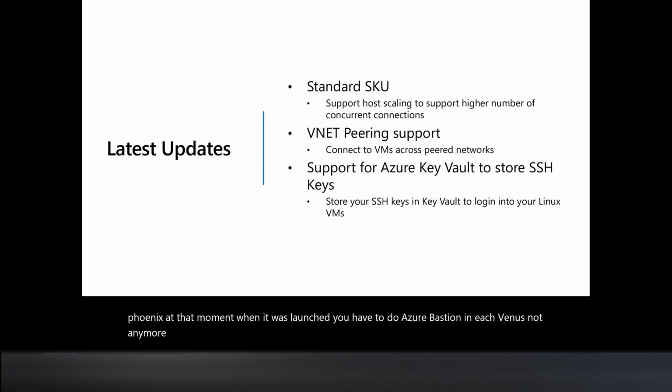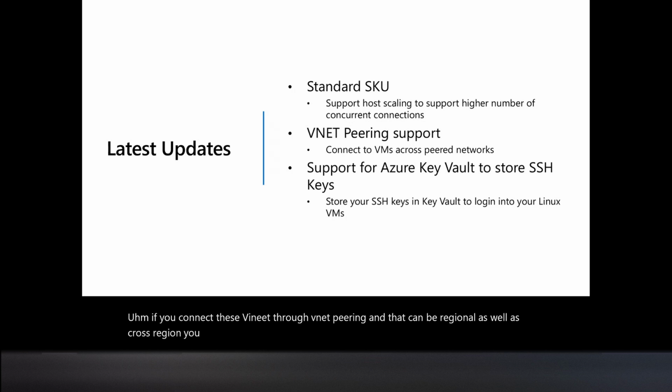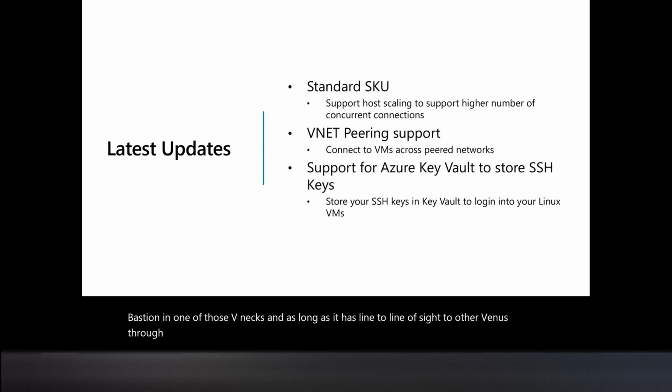Now, if you connect these VNets through VNet peering, and that can be regional as well as cross region, you can deploy Bastion in one of those VNets, and as long as it has line of sight to other VNets through VNet peering, you can use that Bastion to connect to VMs in that VNet. Okay. So that's one of the key things that has happened.